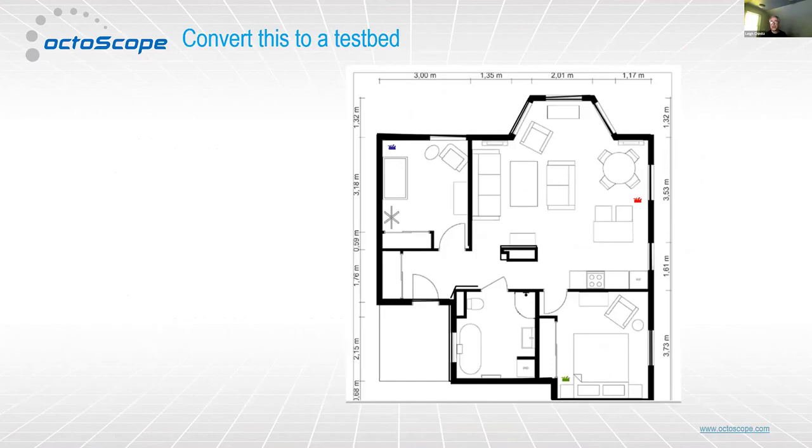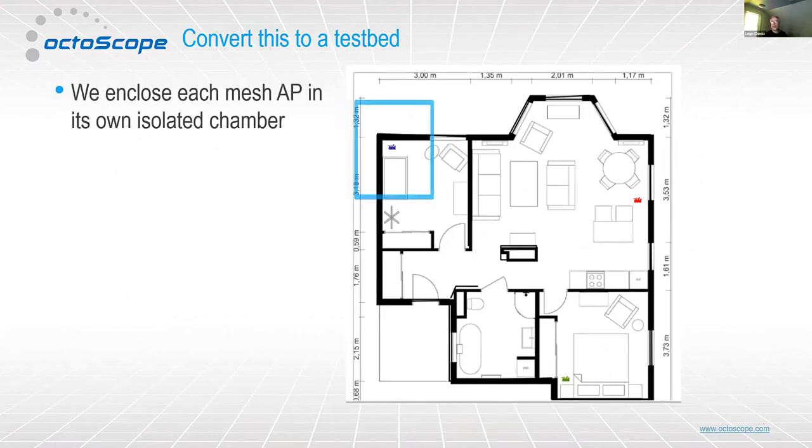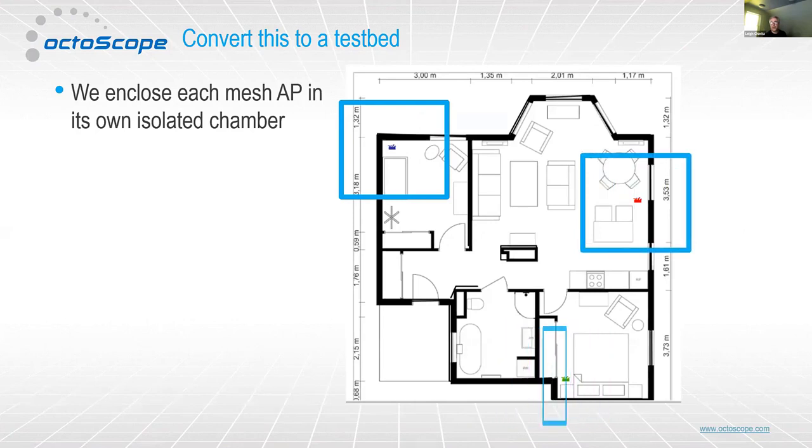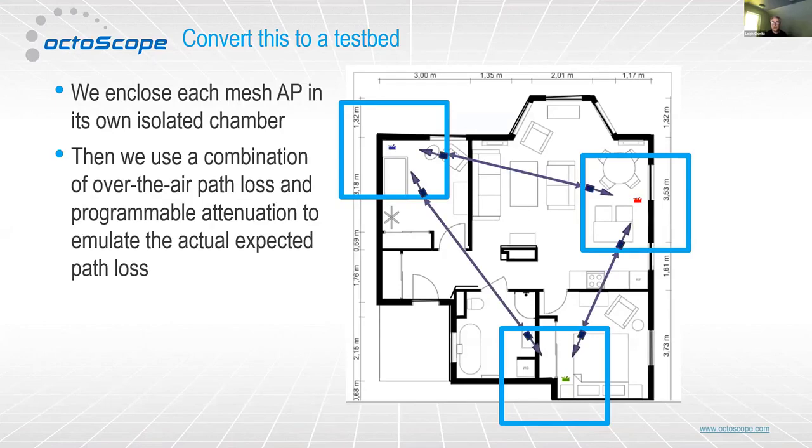Well, we can now convert this to a test bed. When we convert this to a test bed, we take each one of those mesh APs and enclose it in its own isolated chamber. We connect those chambers using RF cables and antennas.